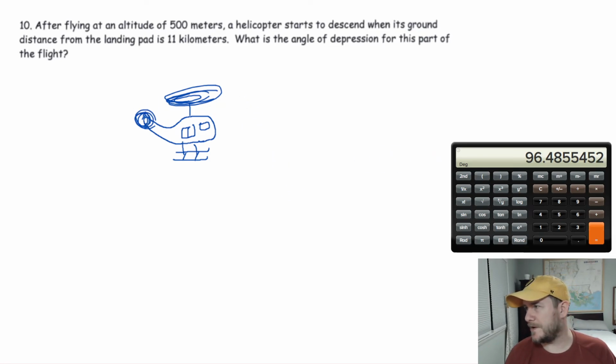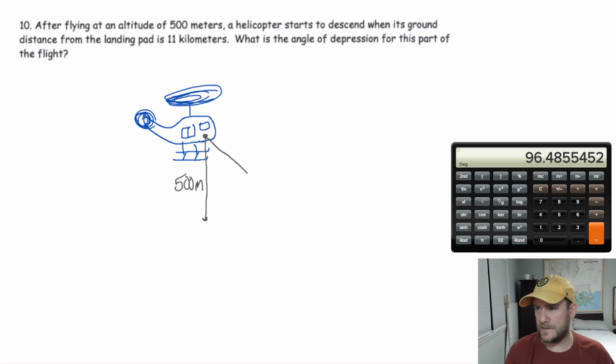Not my best helicopter. I can live with it. So after flying at an altitude of 500 meters, the helicopter starts to descend when its ground distance from the landing pad is 11 kilometers.